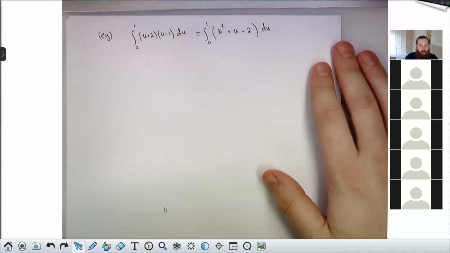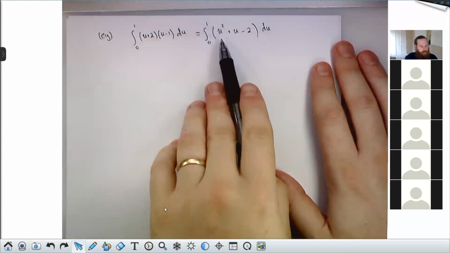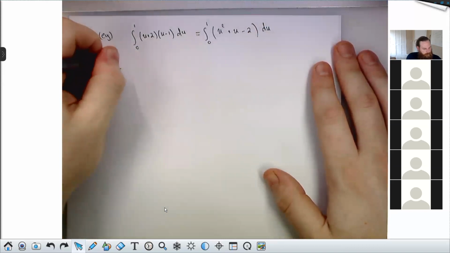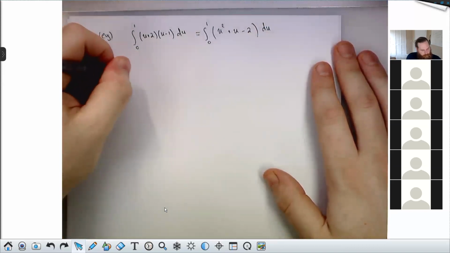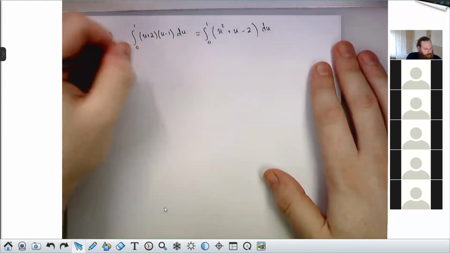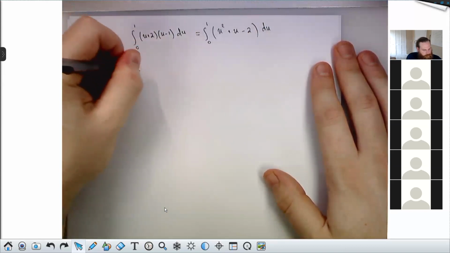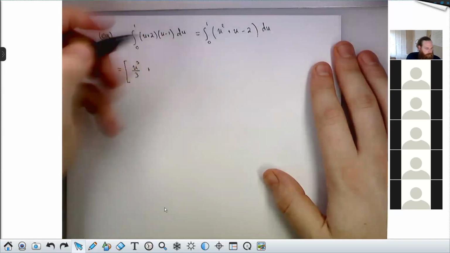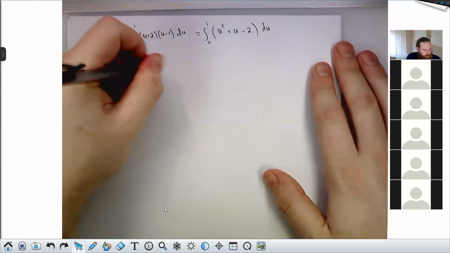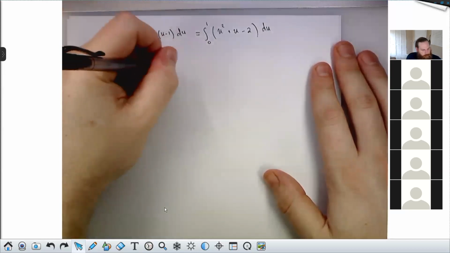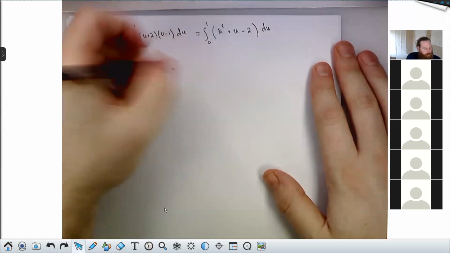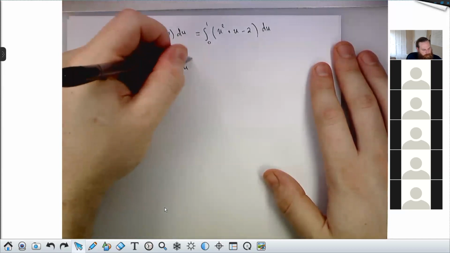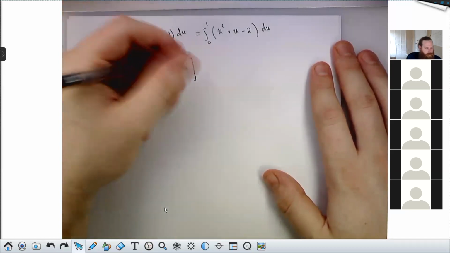Now it's easy to see an antiderivative, right? Because I know how to do each one of these pieces. So an antiderivative for u squared is u cubed over 3 plus an antiderivative for u is u squared over 2 minus an antiderivative for 2 is 2u. And again, we don't need the plus c here because we're not looking for the most general antiderivative.